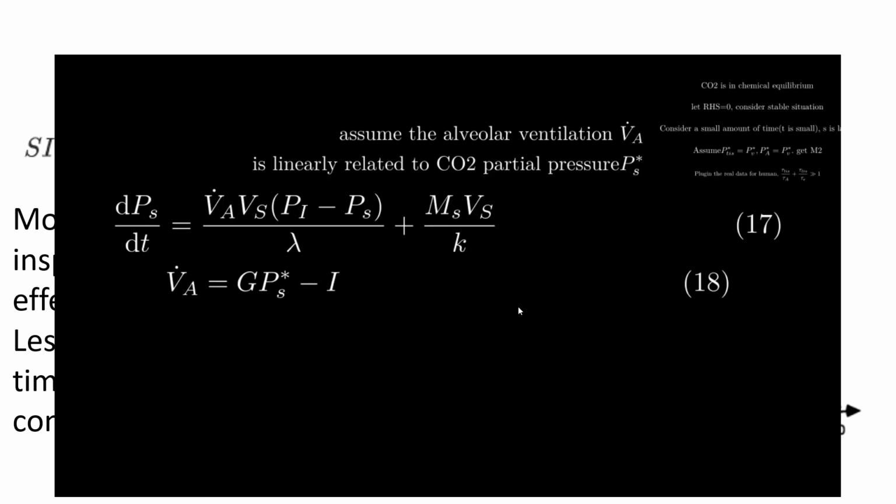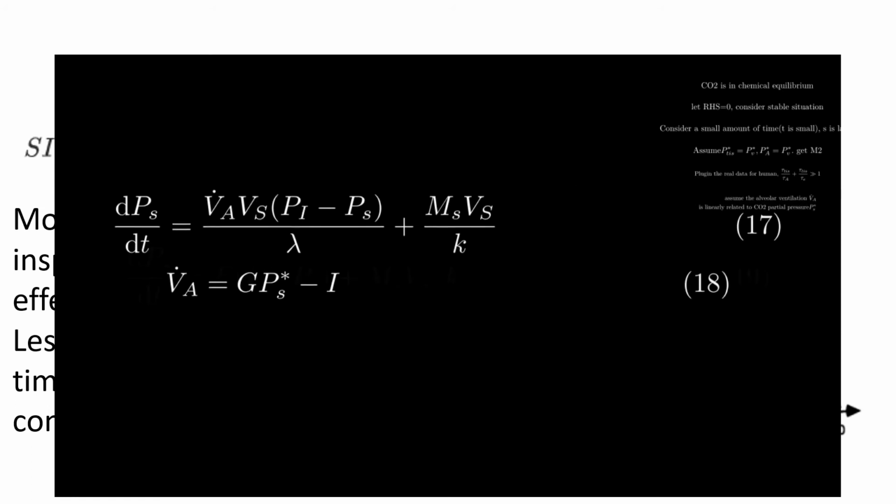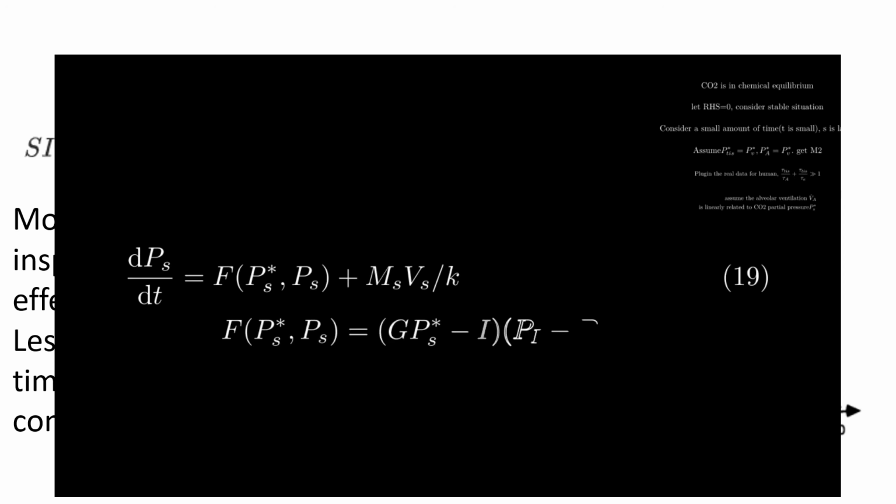Now to study the stability of the system, the author assumed that the alveolar ventilation VA dot is linearly related to the PS star. So we can plug in the VA dot and get this equation. You can find this is an ODE with only one variable, PS.